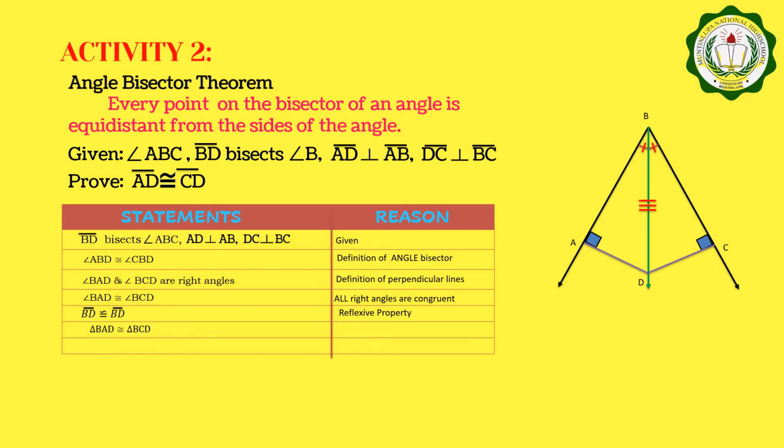Since we have an angle, another angle, and a side congruent to the corresponding angles and side of the other triangle, they are congruent by AAS postulate or by hypotenuse-acute angle theorem. Okay? Next, we can now say that segment AD is congruent to segment CD by CPCTC, or corresponding parts of congruent triangles are congruent.